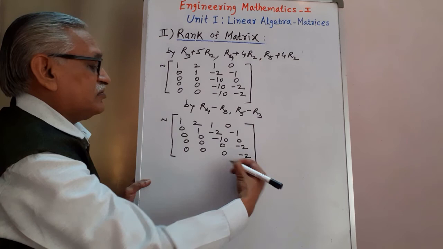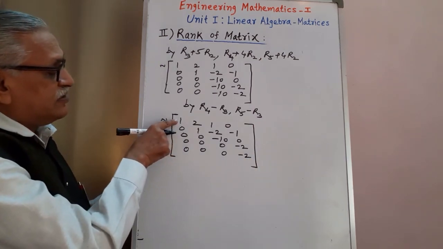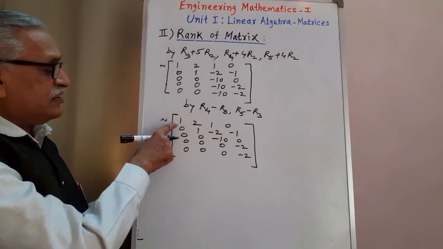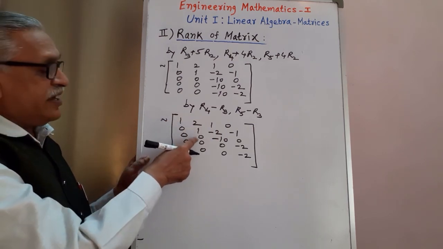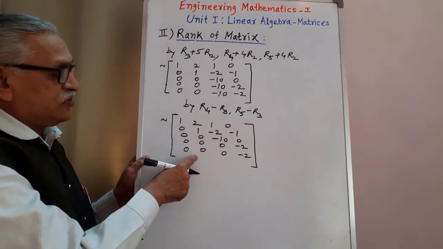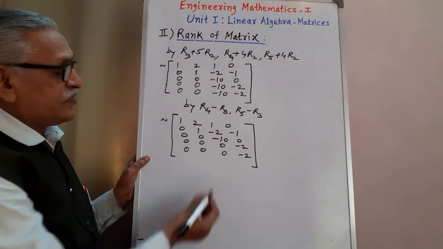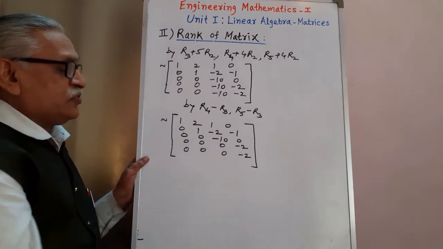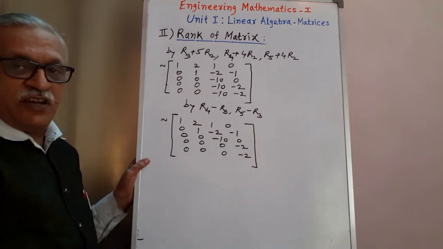Okay. First leftmost element is 1, remaining elements in that column 0. Second diagonal element 1 and all the elements below it as 0. The third diagonal element is minus 10, non-zero, and all the elements below it as 0. And then we go for the fourth diagonal element.